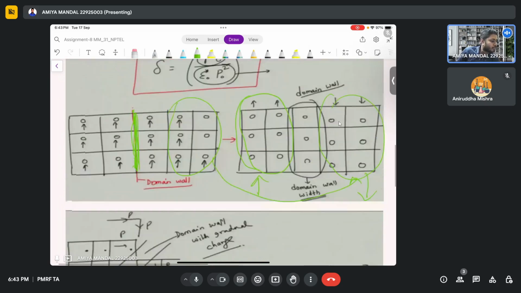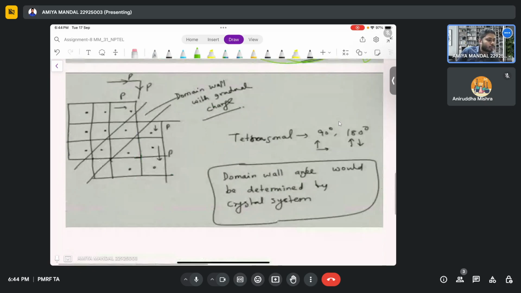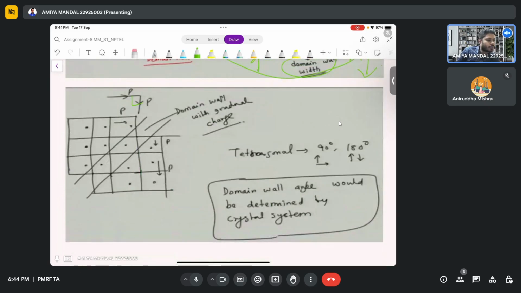In the middle range, they are directed toward the middle, and in between them they are situated in the middle position. They are immobile, and they form the domain wall width.